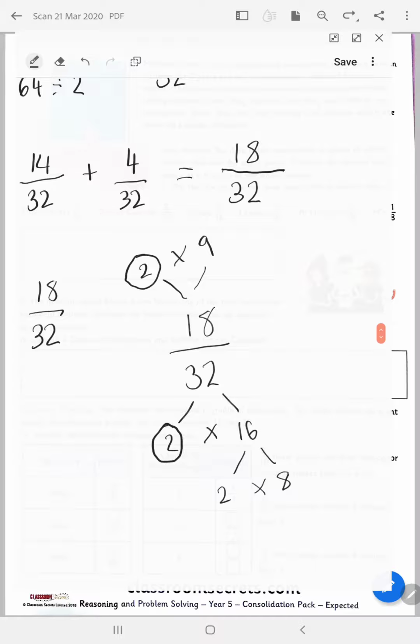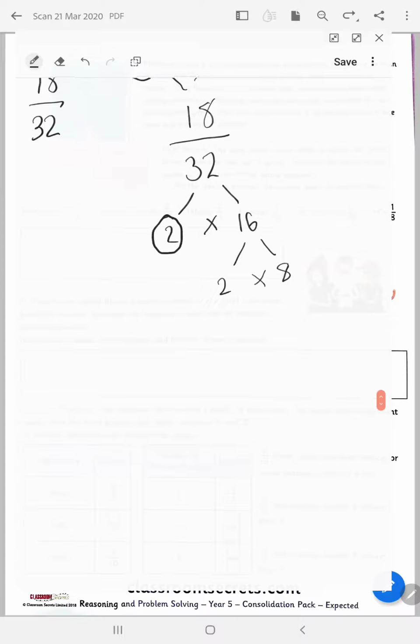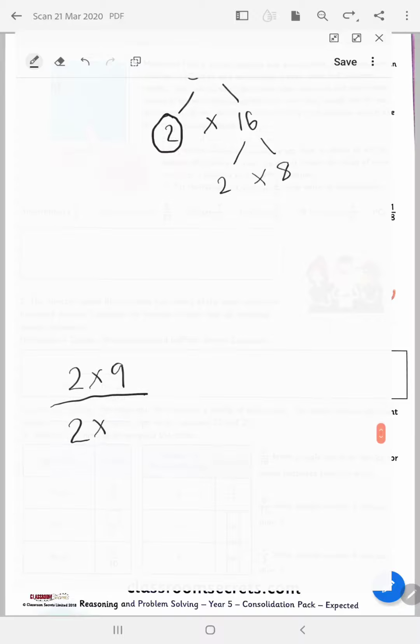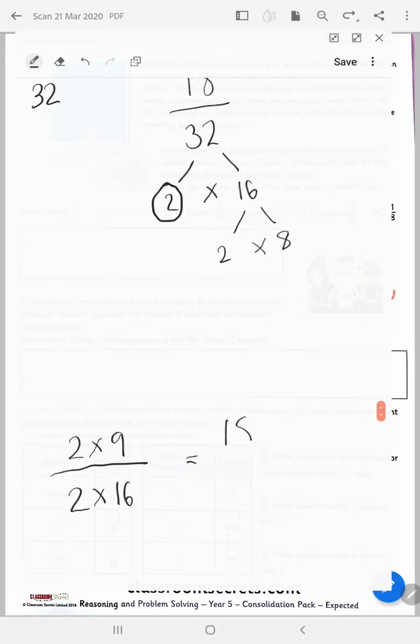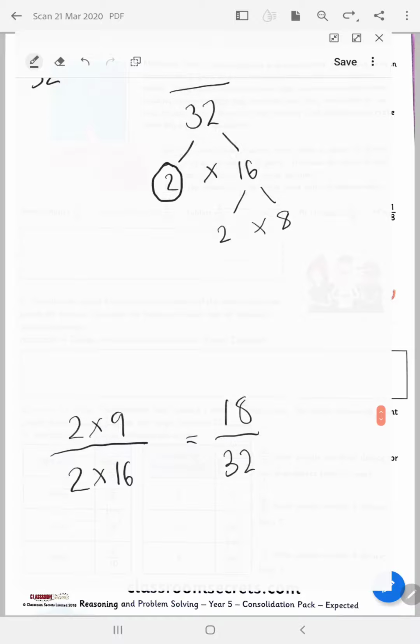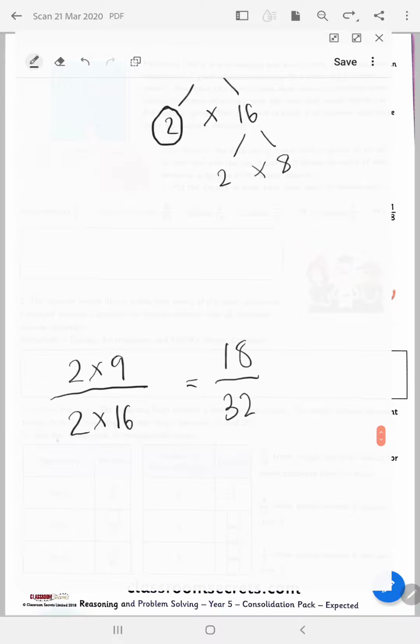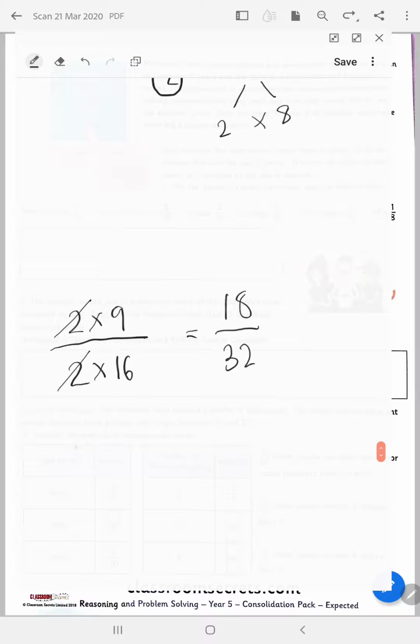So we can simplify it. So here we have 2 times 9 over 2 times 16, which is the same as 18 over 32. And here you can see that actually we can just cancel out the 2's, because 2 divided by 2 is 1. So we have 9/16.